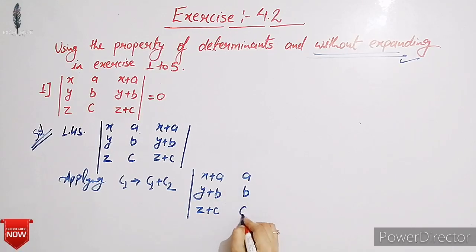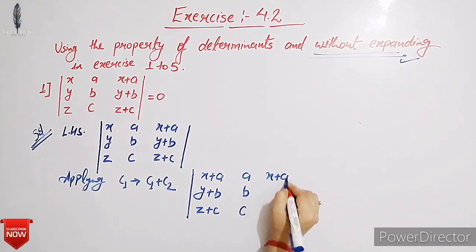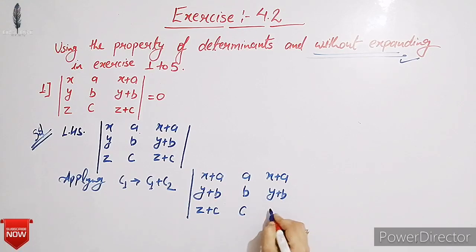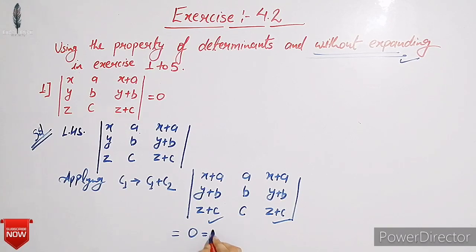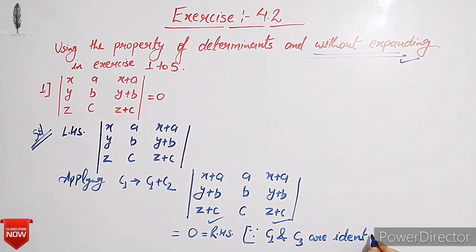Now C2 is the same and C3 is also the same, x plus a, y plus b, z plus c. So here C1 and C3 are identical. So it is equal to 0, equal to RHS, because of the property that C1 and C3 are identical. So the value of the given determinant is 0.